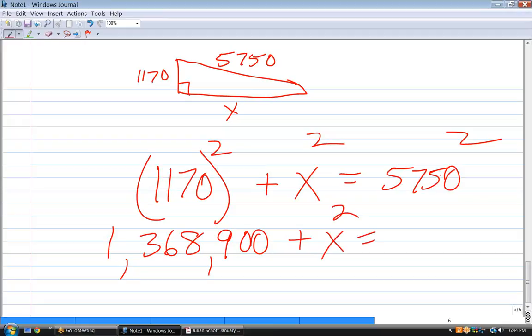Plus x squared. What's this number squared? 33,062,500.